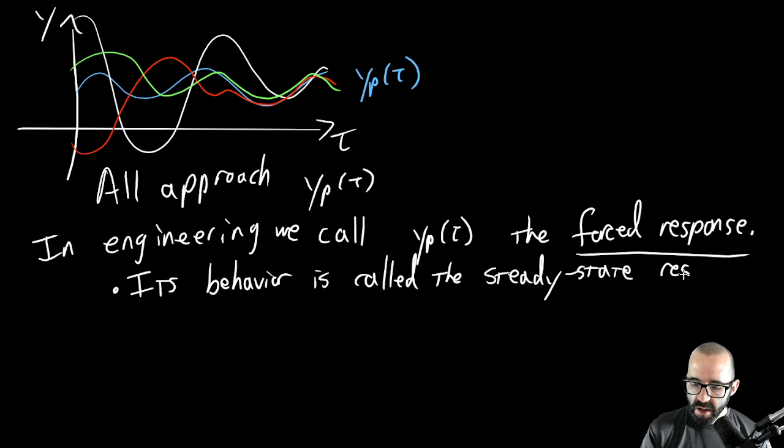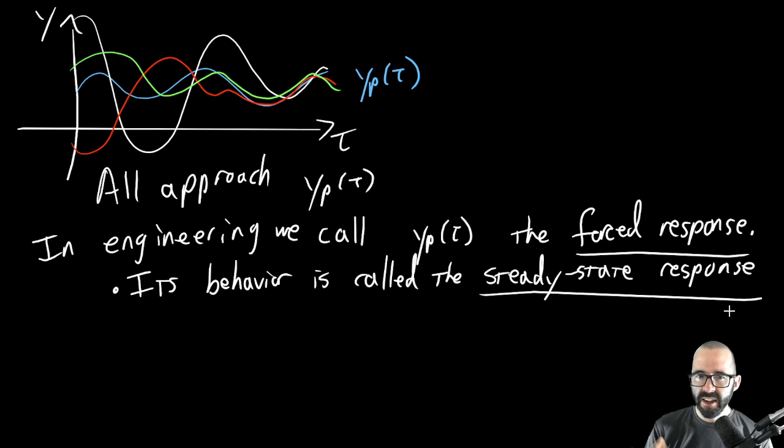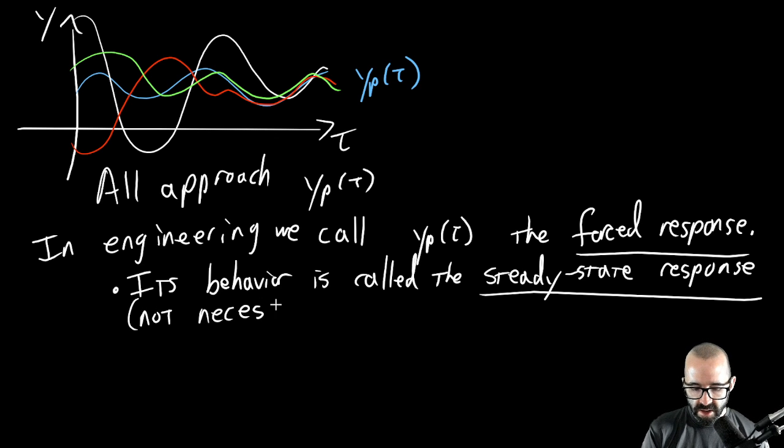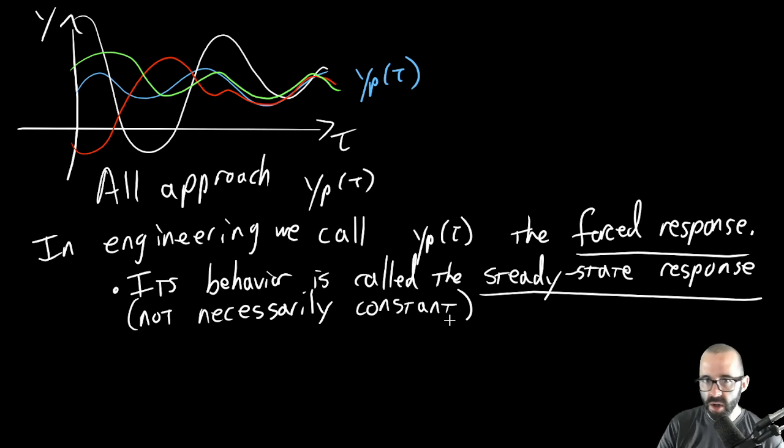And it should be commented that we think of steady state, I think intuitively, as something that's not changing, a constant. But a steady state response is not necessarily constant. You can see in the example I just drew up here, it could just be constant oscillations where we're not changing magnitude, or amplitude rather, but we are just kind of grooving.